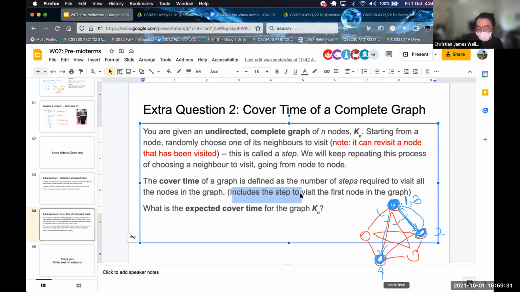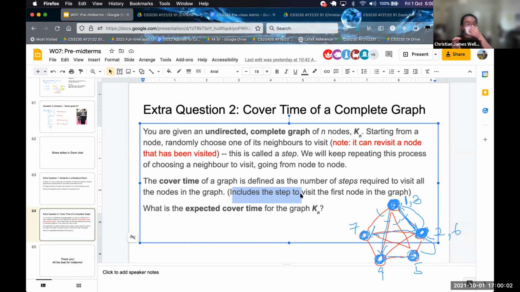Then maybe you visit this guy, the 5th step. Then maybe there's only 1 node remaining, but this one went on a detour and visited this guy instead. This is the 6th step. Then this guy goes over here. Finally, it visits the entire graph. This is the 7th step. And so we say that the cover time for this particular random process is 7.